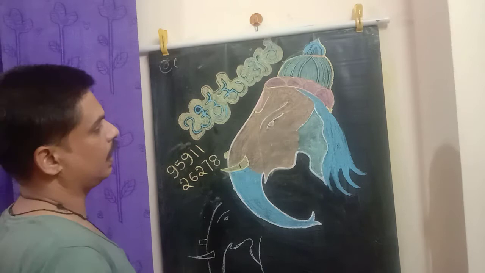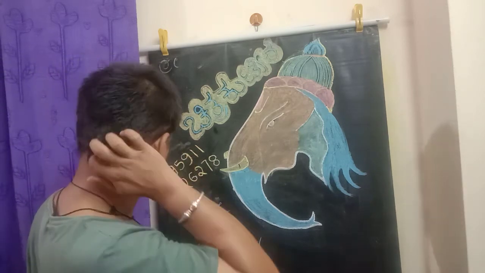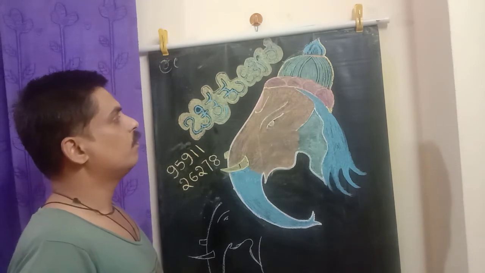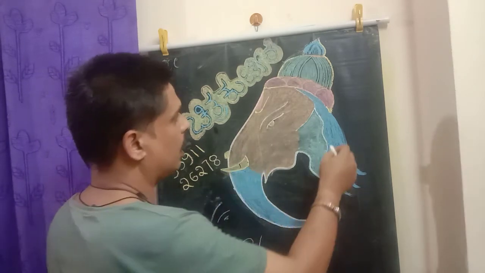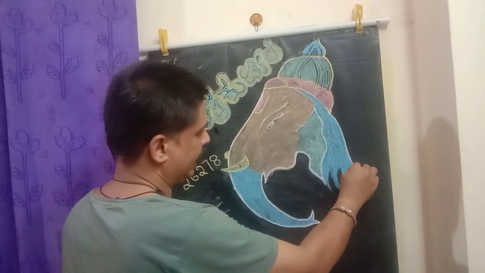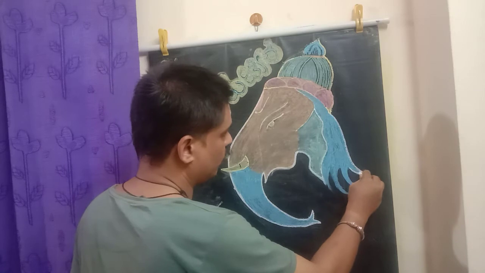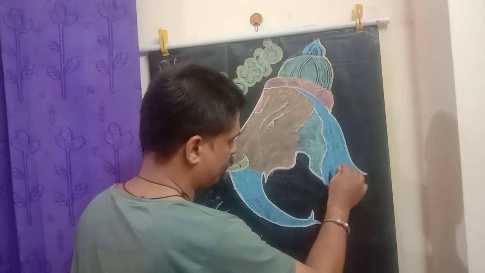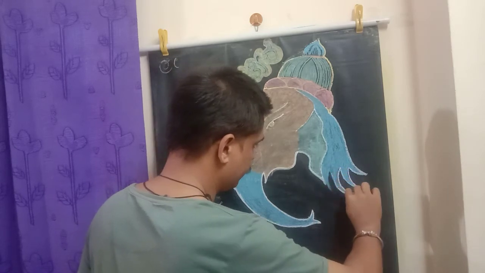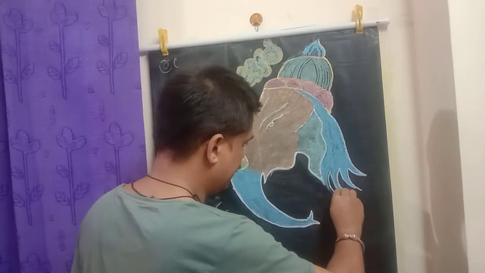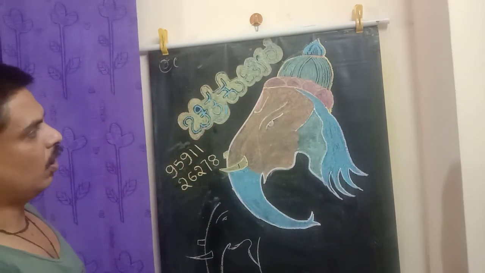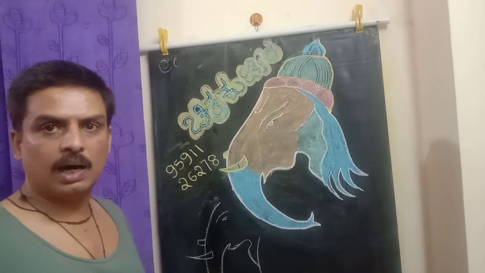So you can see here, and I have already told that in an art, curve lines are very important. These are all the curve lines which are going to make your art very prominent. So I told in my first episode that in any art, instead of straight lines, all these curve lines are very important.